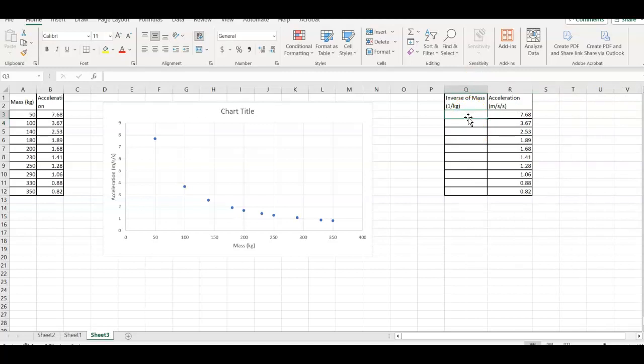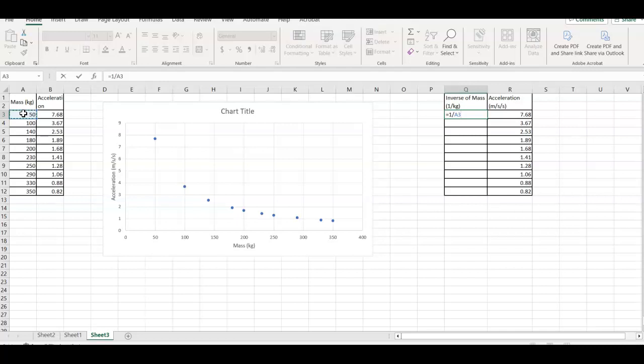You could also use your calculator and do it by hand if you want to, but I'm going to use a formula. So I click in the first row of this new table, and I'm starting my formula with an equal sign, and then I'm typing 1 divided by. I bring my cursor over here and I click on the first mass where that 50 is.